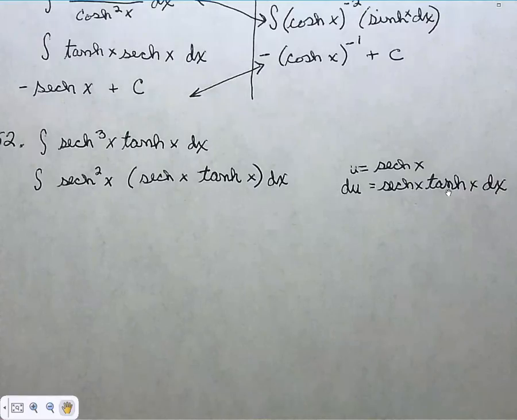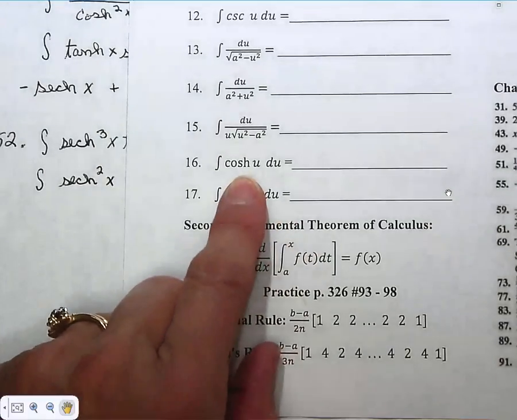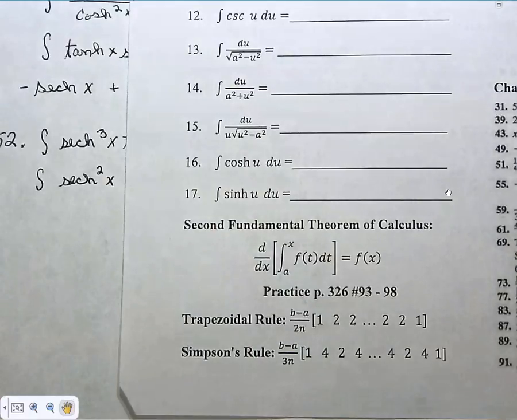But when you differentiate the hyperbolic functions, let me show you right here. The derivative of cosh is sinh. The derivative of sinh is cosh. You don't pick up those negatives that you get if you differentiate cosine. The derivative of cosine is negative sine, but the derivative of cosh is just sinh.